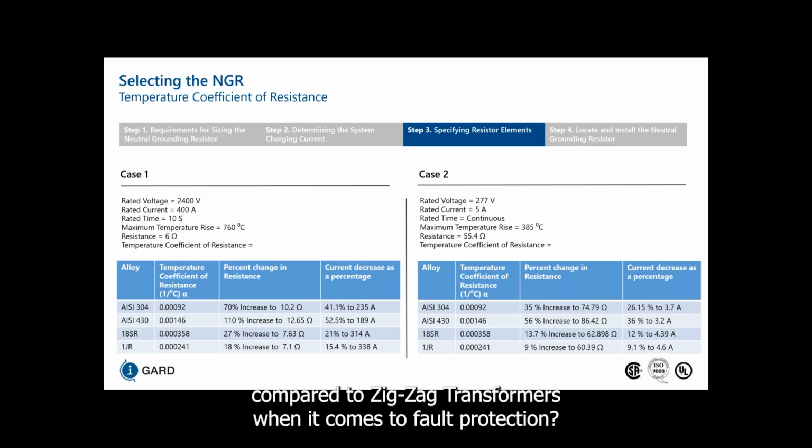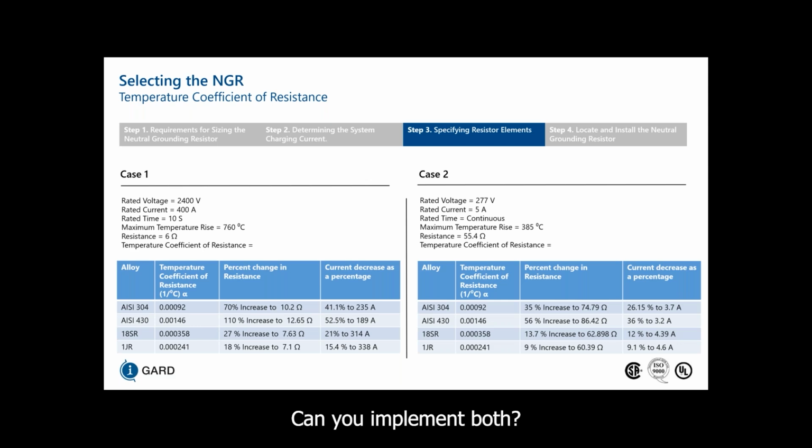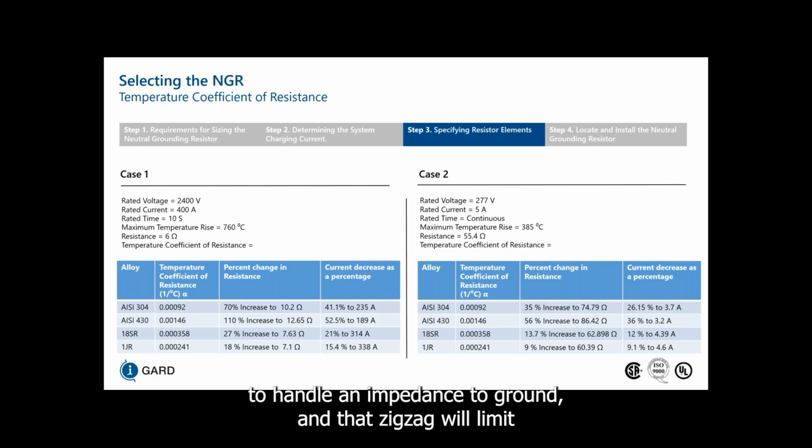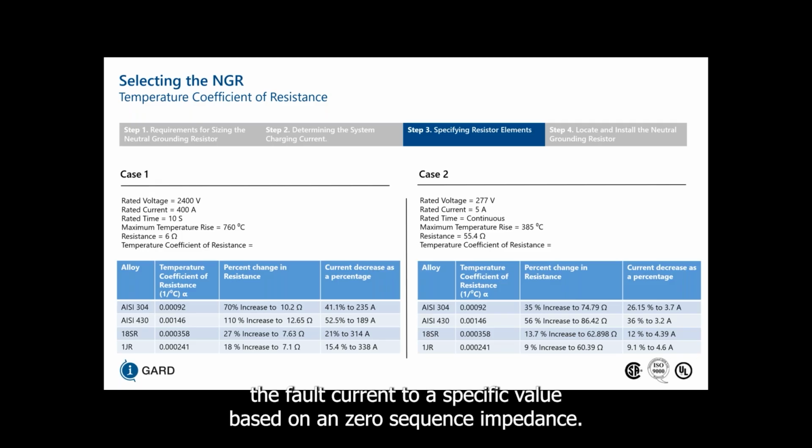How do NGRs compare to zigzag transformers when it comes to fault protection? Can you implement both? We have been involved in a lot of projects involving zigzags in combination with neutral grounding resistors. Some customers end up using zigzags with a solid connection to handle an impedance to ground, and that zigzag will limit the fault current to a specific value based on its zero sequence impedance.